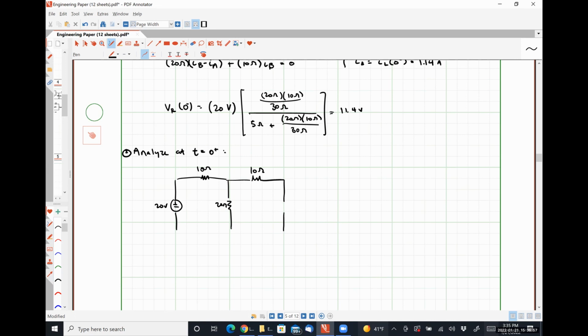What do we do with our inductor? Replace it with a current source having the same magnitude and direction as IL did. So that means we have a current source direction down with a value of 1.14 amps.